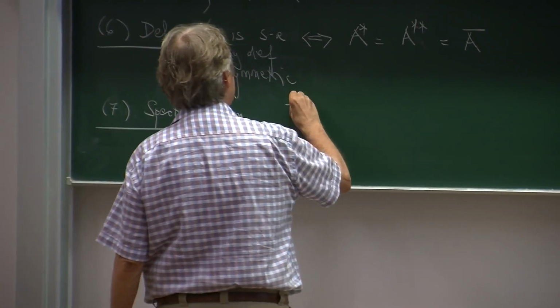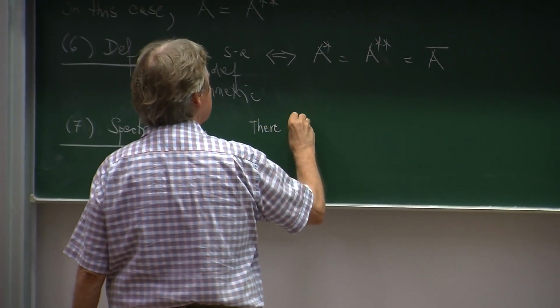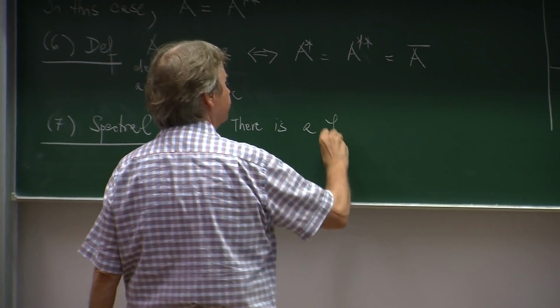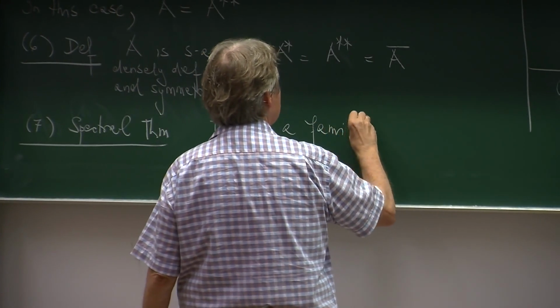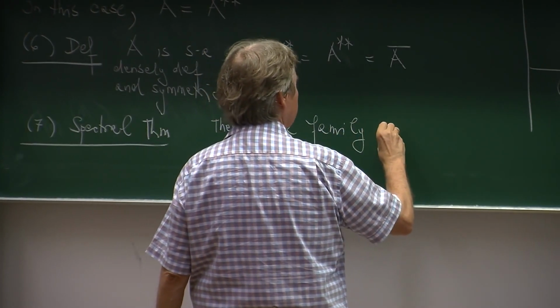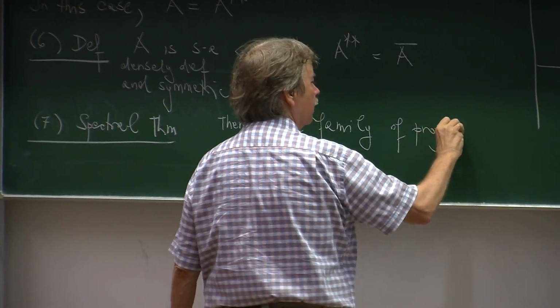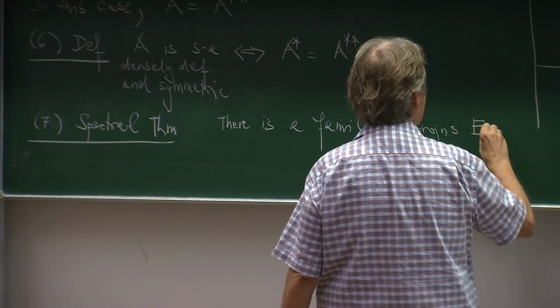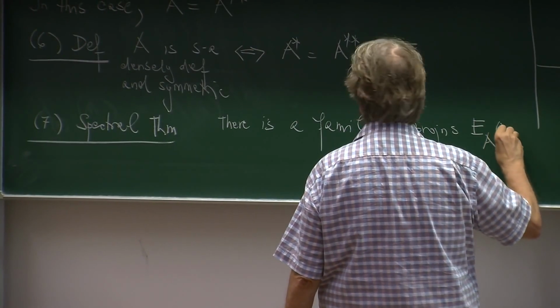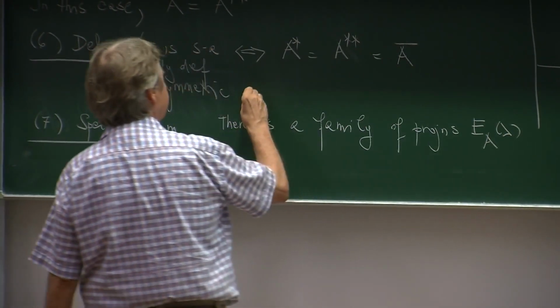There is a family of projections. A is the integral of lambda dE of lambda. So A, of course, self-adjoint.